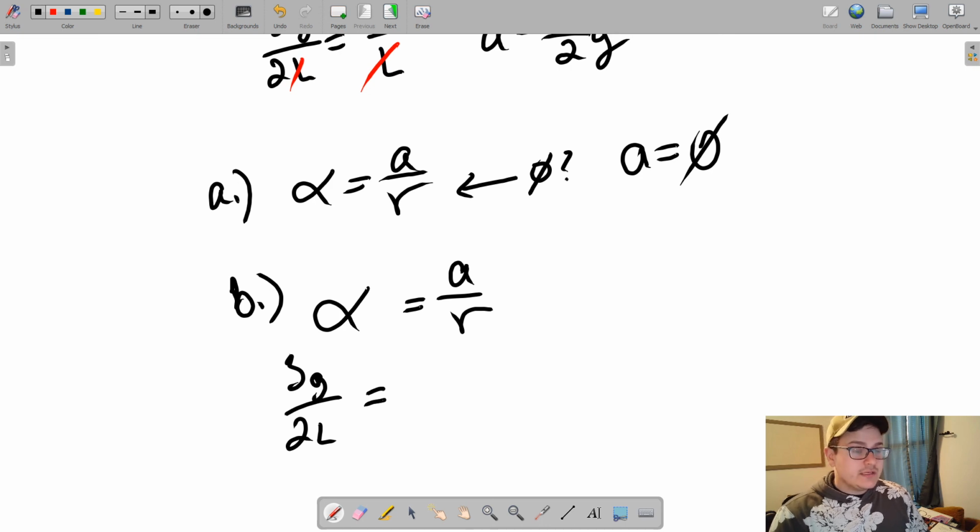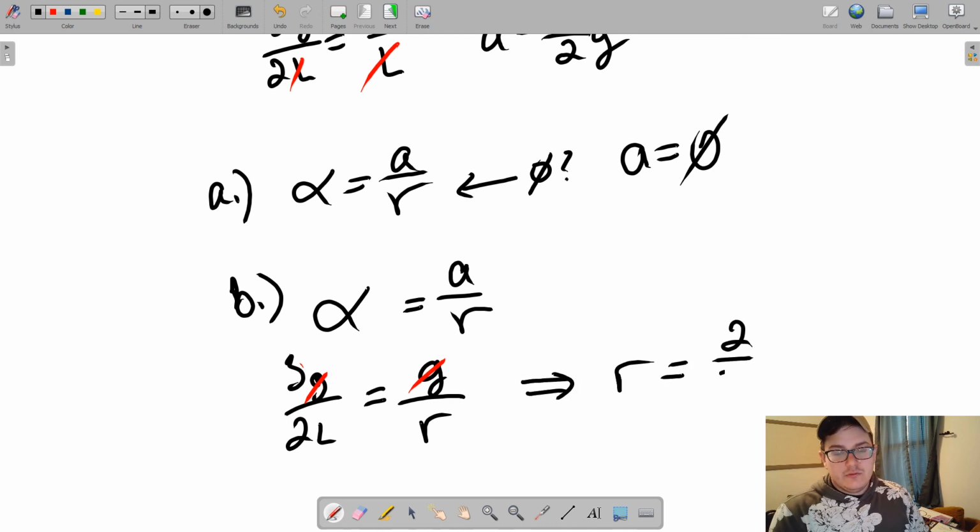The linear acceleration we're shooting for is equal to gravity, and the radius from the center is what we're looking for. So all we're going to do here now is solve. We notice that gravity disappears, and we get the radius equals 2/3 of your length.